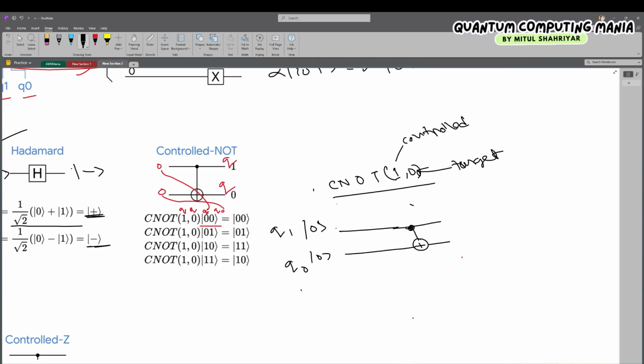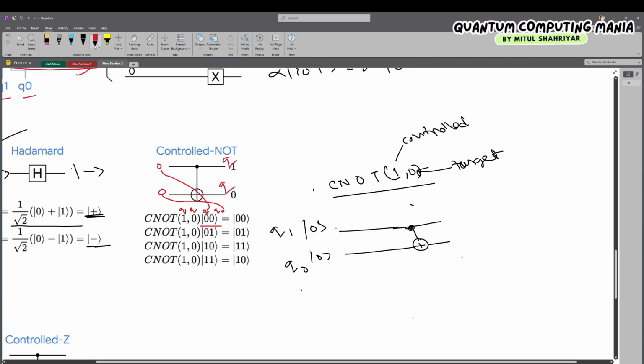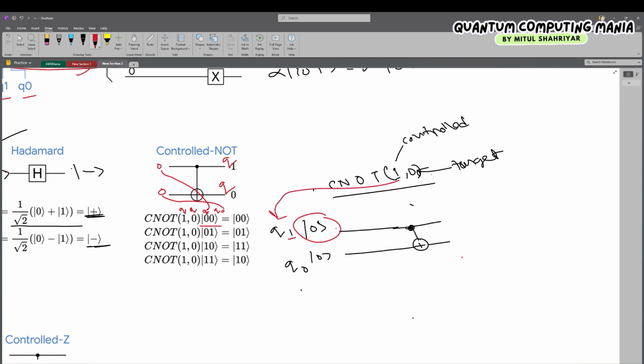So if the controlled qubit, this q1, has the value 0, there is no impact on the result of q0. So here you see this is 0, this should be 0, no problem. So you can see 0 0 0 0, no problem.